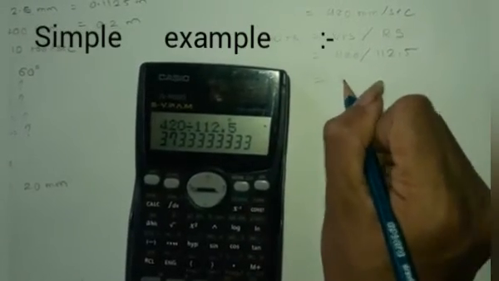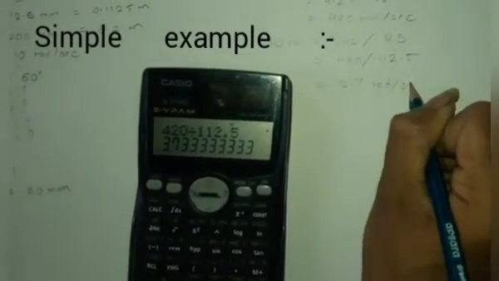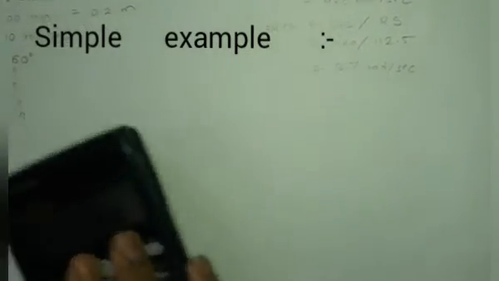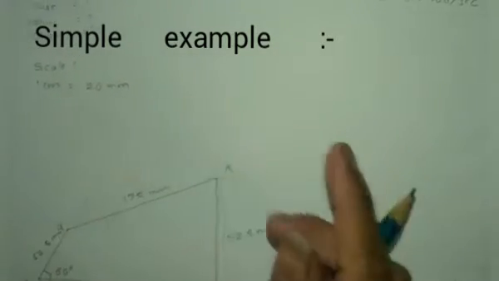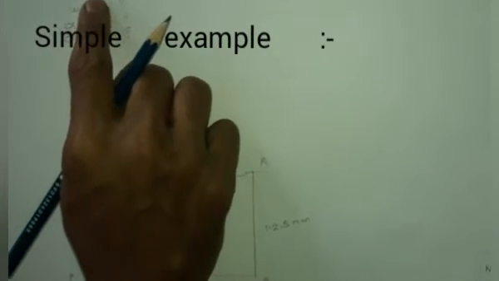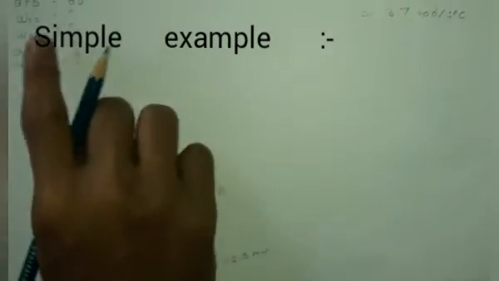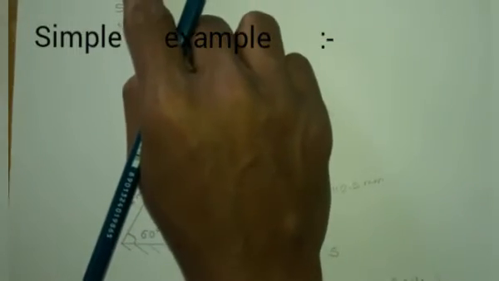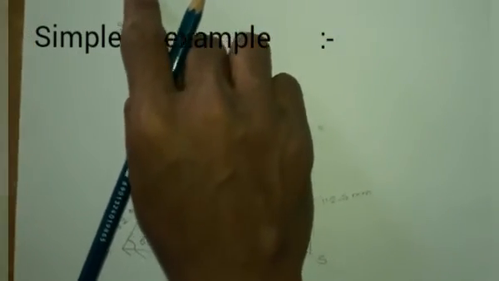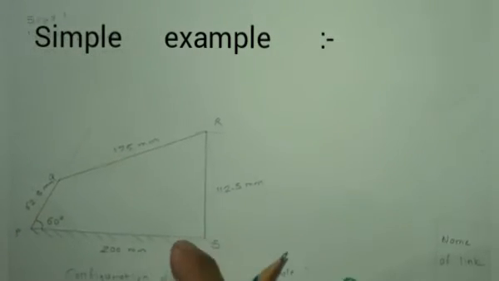So that is 3.7 radian per second. So in this way we find out angular velocity of RS, which is 3.7 radian per second, and angular velocity of QR, which is 2 radian per second. So now we have to find out angular acceleration of link RS and link QR.